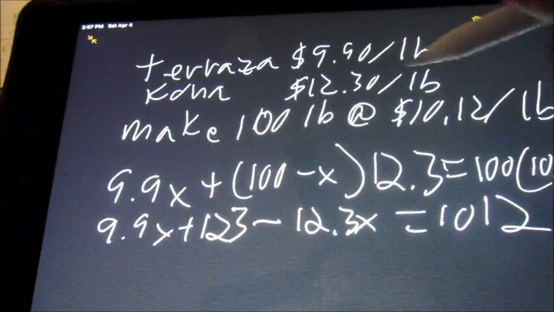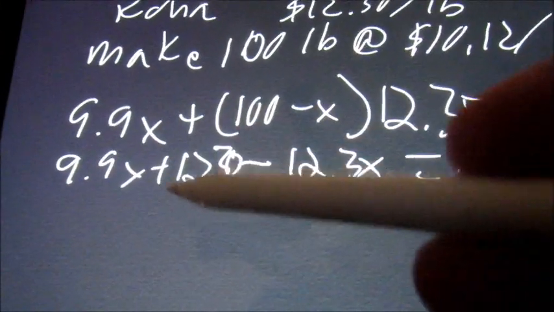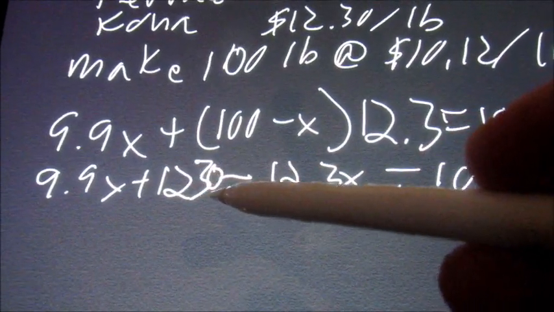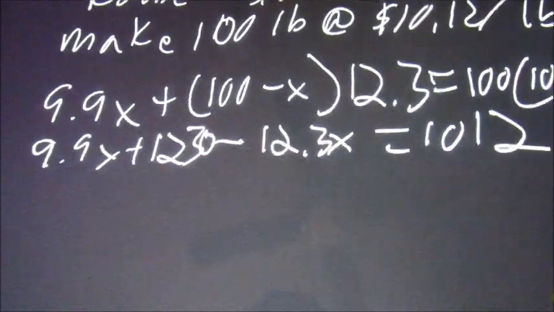Okay, that's 1230. So 9.9x plus 1230 minus 12.3x equals 1012.